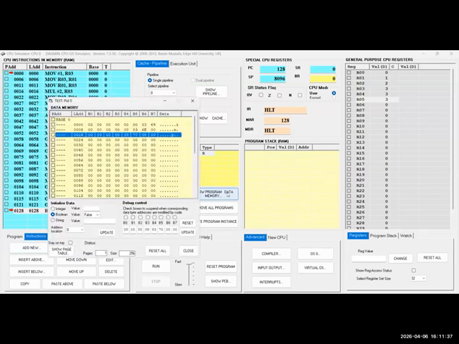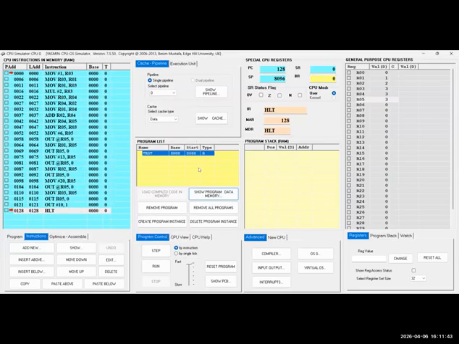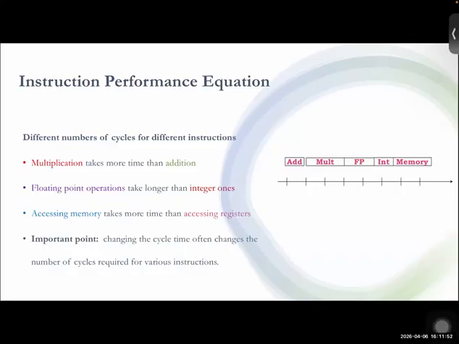So it may take more time. That's the difference. So we say that the number of cycles required to execute instructions will vary based on the operation and its complexity.